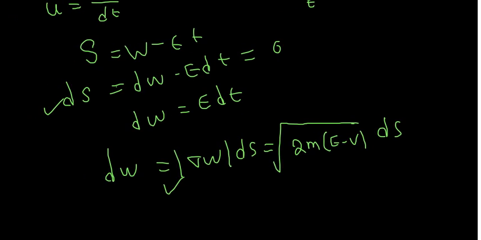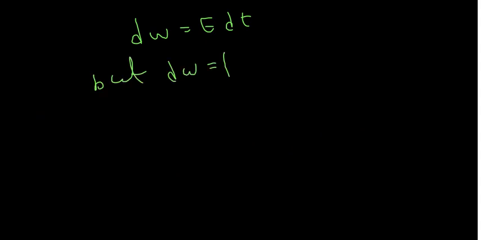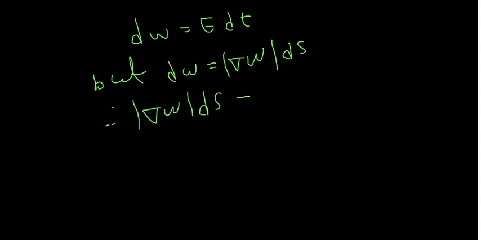So dW is going to equal E dt, but dW equals the gradient of W times ds. Therefore, the gradient of W times ds is equal to E dt.